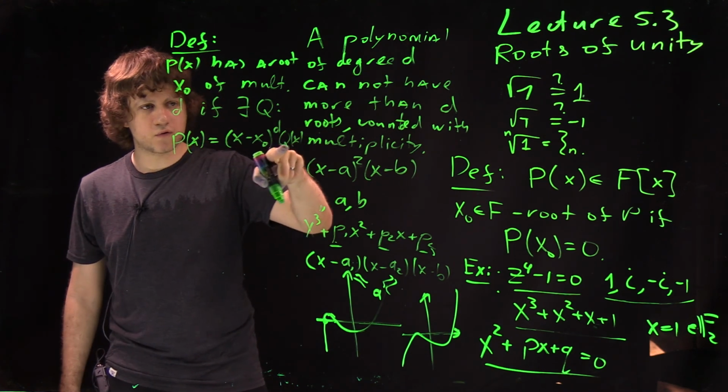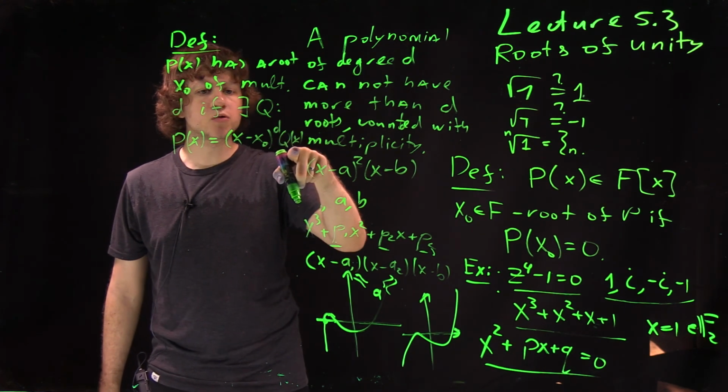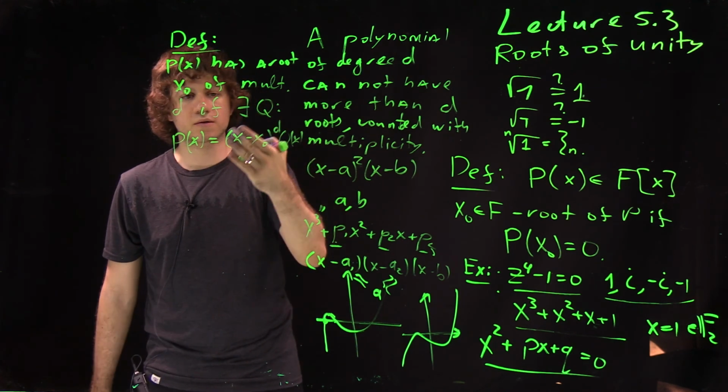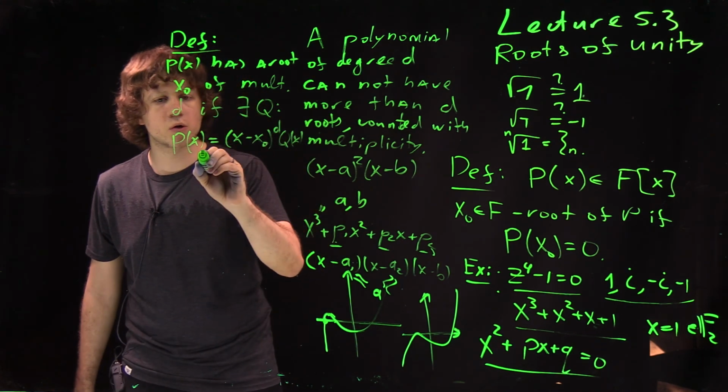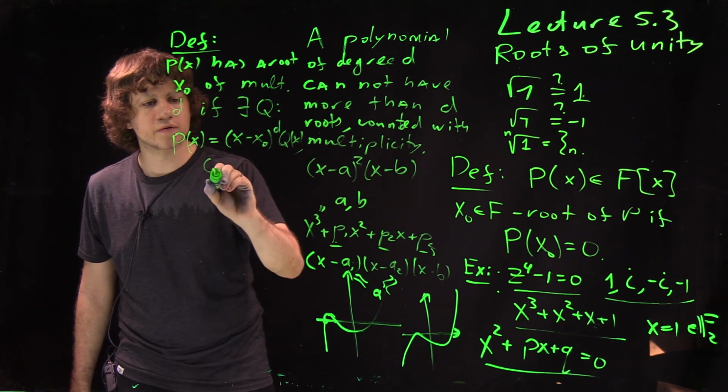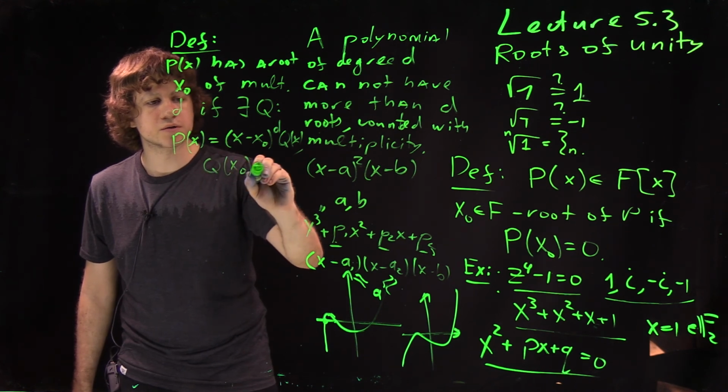And of course, what might happen is that q also has x0 as a root, and then the multiplicity is bigger, so we require q of x0 to be not 0.